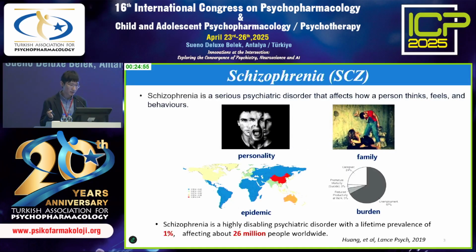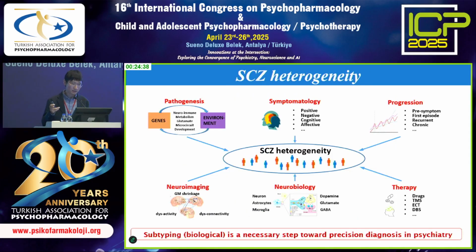Schizophrenia is a serious psychiatric disorder. I'm not going to talk more about what schizophrenia is, because there are so many professional clinical researchers here. But what I want to say is that schizophrenia is a highly heterogeneous disorder. What does that mean?